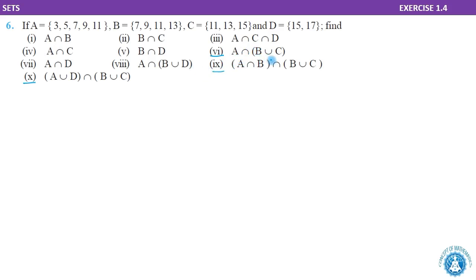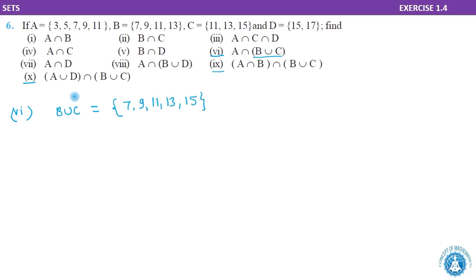First, we have to find the sets which are given in parentheses, right? So we'll find the union of B and C first. I'm doing question number 6, right? Union of B and C will be 7, 9, 11, 13 and 15, correct?